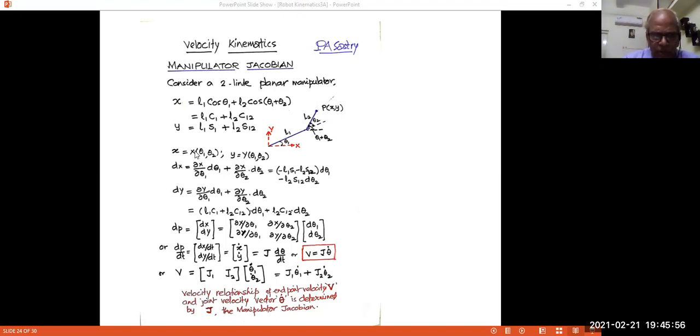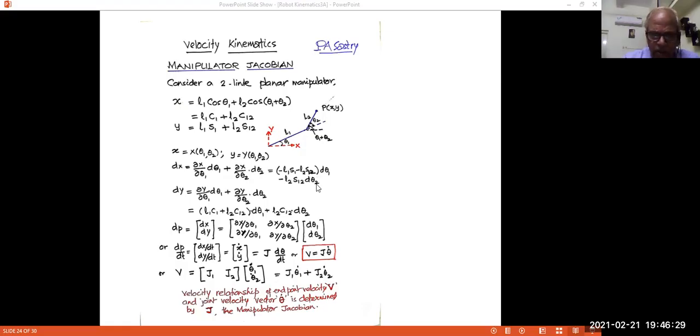But you see that x and y are both functions of theta 1 and theta 2. Therefore, the small changes in x and y are given by dx equal to partial x by partial theta 1 times d theta 1 plus partial x by partial theta 2 times d theta 2. Given the expressions for x and y, you get minus L1 S1 minus L2 S12 times d theta 1, minus L2 S12 d theta 2, that is the partial differentiation of the second term.